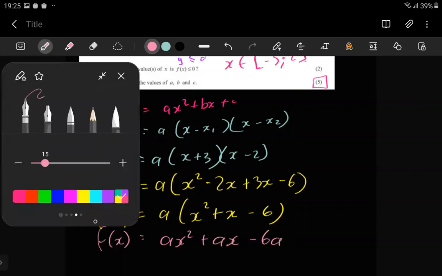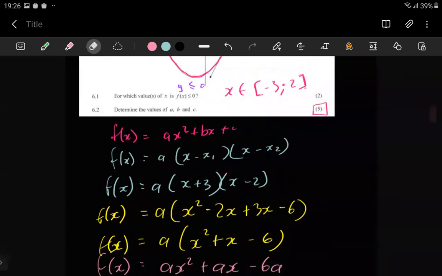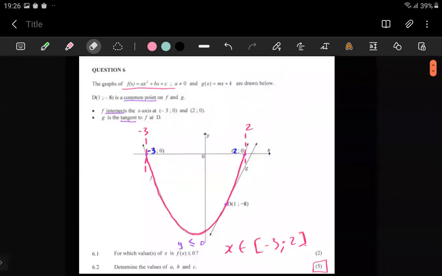As long as you have this, you can clearly see that your equation is in this format, ax squared plus bx plus c. All you need here is to work out a value of a, because as long as you can work out a value of a, you will have something to throw there, and then your equation will be done.